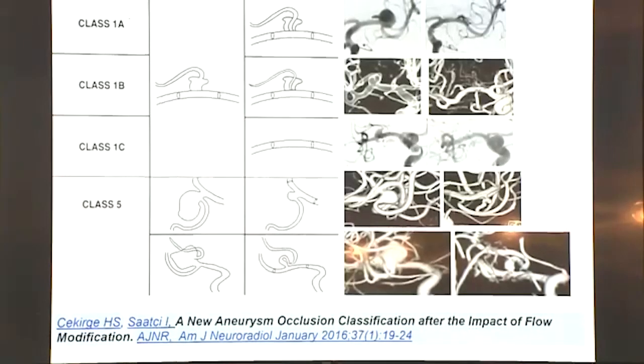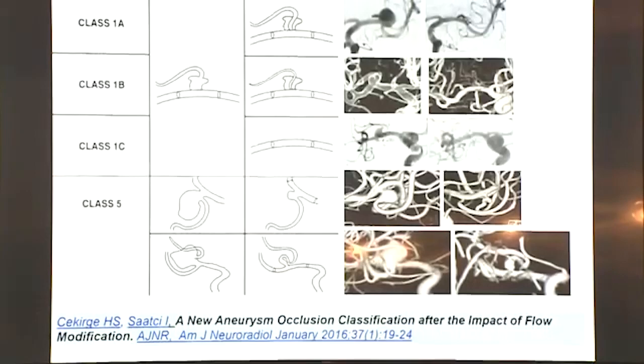So the entire class 1A, B, C, whichever, is equivalent to Raymond class 1, depending on the size of the branch coming off the aneurysm sac. Getting smaller, 1B; the branch occluded, 1C. And we also defined a class 5 for flow remodeling.